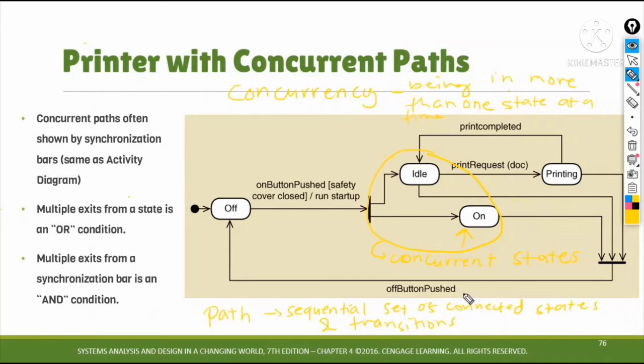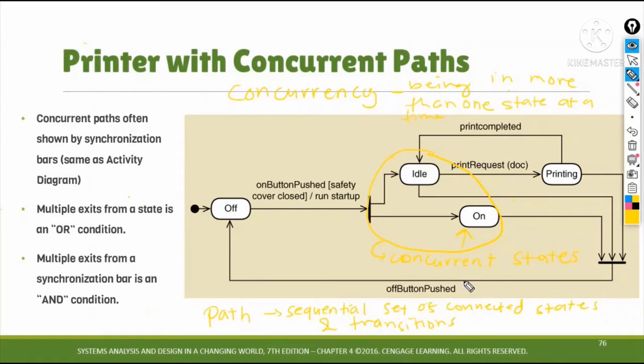In our previous example, there is only one path. It is the path from the beginning state to the on state, then to the off state, and finally looping back to the on state.